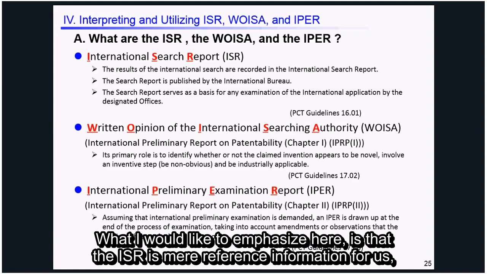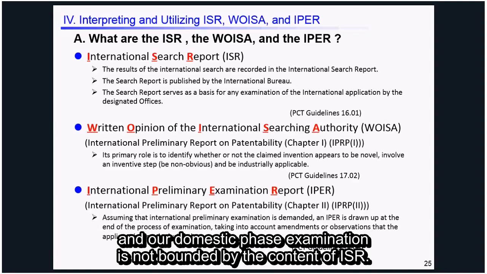What I would like to emphasize here is that the ISR is mere reference information for us, and our domestic phase examination is not bound by the contents of the ISR.